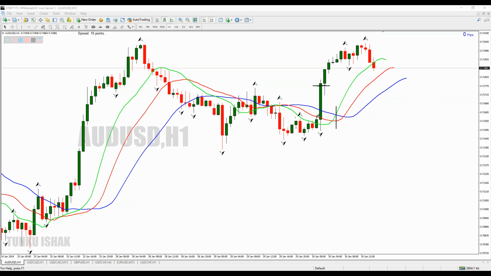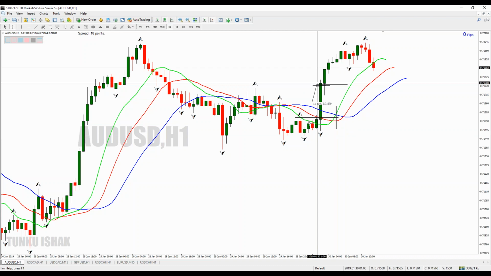Okay, and this is the previous fractal. You can see it break out. So what happened? We take the trade here, and it's still running. So it is really straightforward.